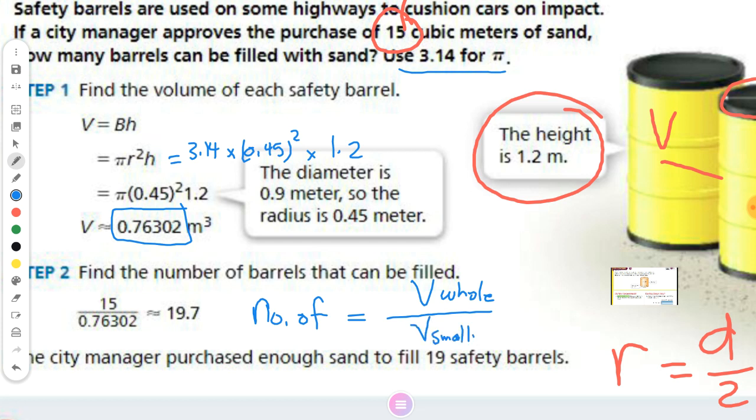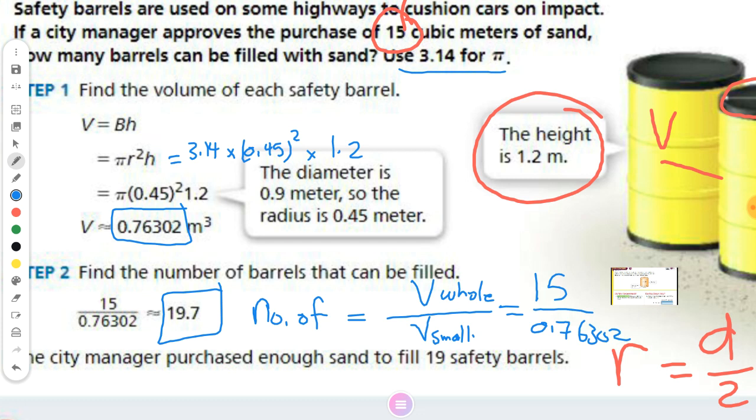Small here means 1 barrel. So it's 15 divided by the volume of 1 barrel, 0.76302, which equals 19.7. So how many barrels do we need to fill the sand? I think we need 19 or 20.